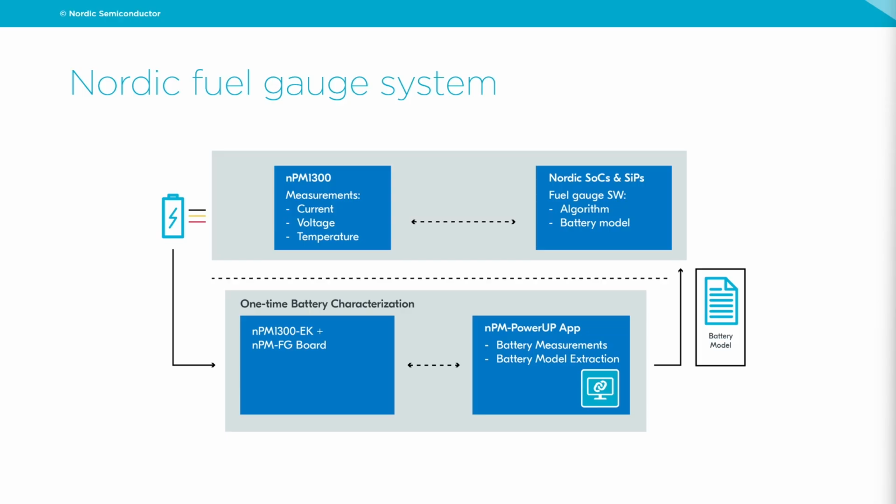This will generate a battery model that you then load into your firmware application for whatever SoC or MCU you're using. And once this is connected with the NPM1300 during runtime, it will use the current, voltage, and temperature measurements from the NPM1300 reported over I2C to give you a pretty accurate state of charge of the battery.